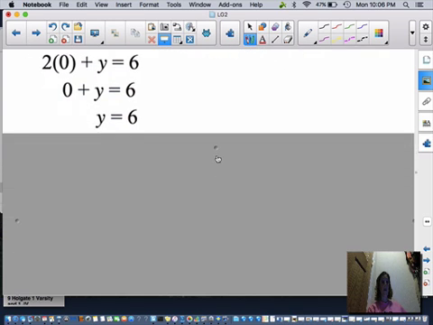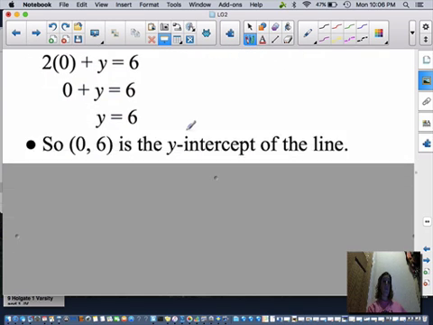So therefore y equals 6. So since we plugged in 0 for our x, our ordered pair is 0, 6, because remember, you always list x, then y.